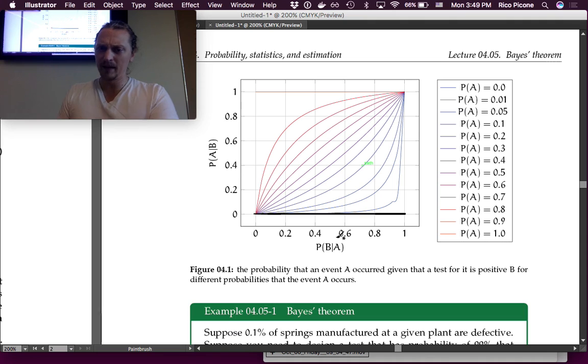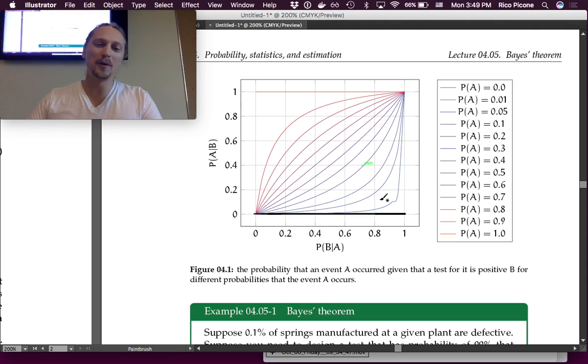A lot of times we think about the probability of B given A as the effectiveness of your test. Say you have a test that, if you have cancer, returns 80% of the time an indication that you have cancer. Not a great test, I would argue, but that would put you right here on this curve.